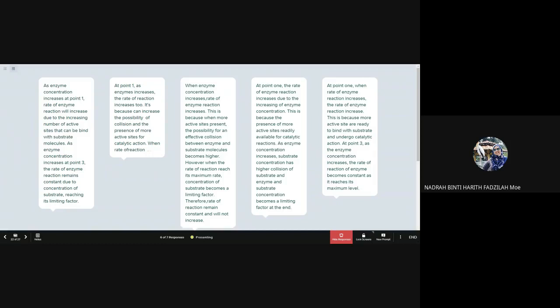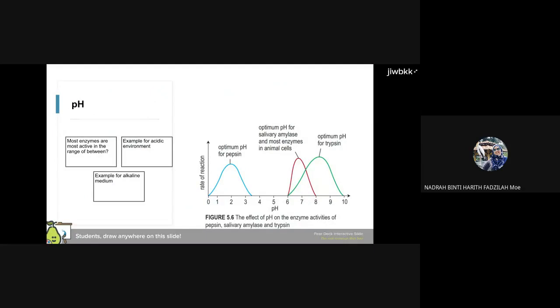So, next one kita akan tengok pH. So bila kita tengok pH, kita akan tengok bahawasanya most of the time enzyme boleh bekerja dalam pH yang almost neutral lah. Okay, so optimum pH untuk most enzyme is between lebih kurang neutral, slightly acidic atau slightly alkaline, tapi mostly dekat range neutral lah.